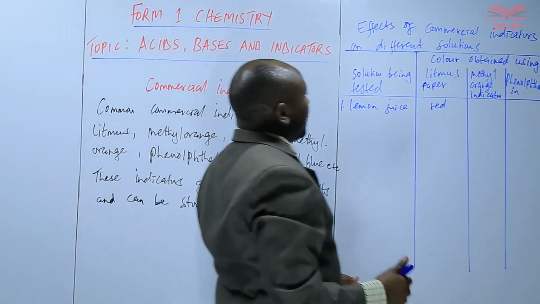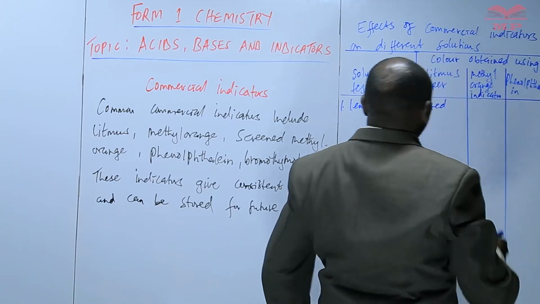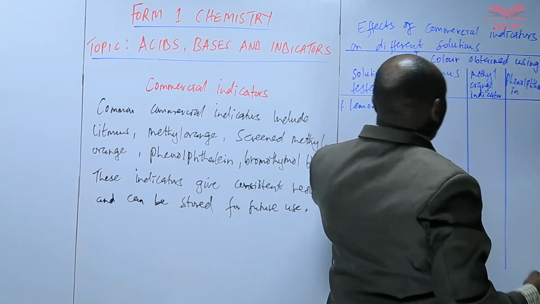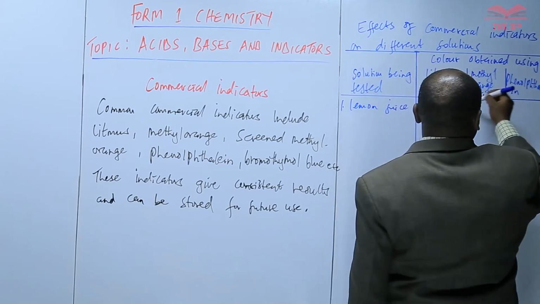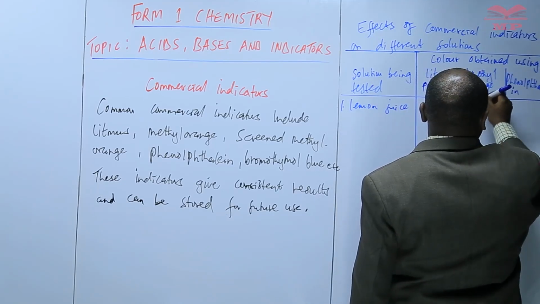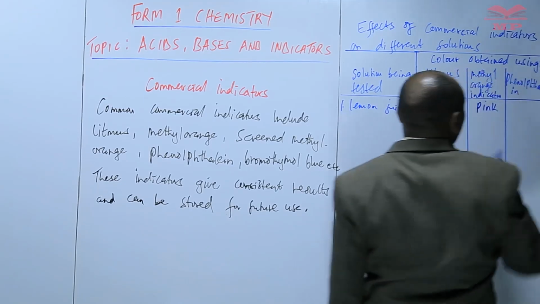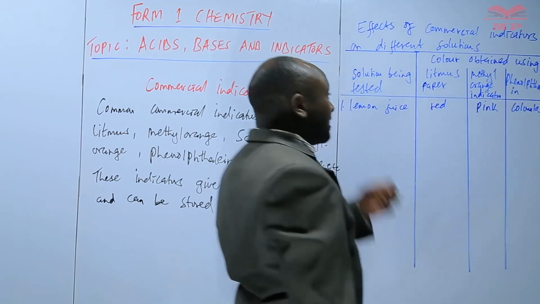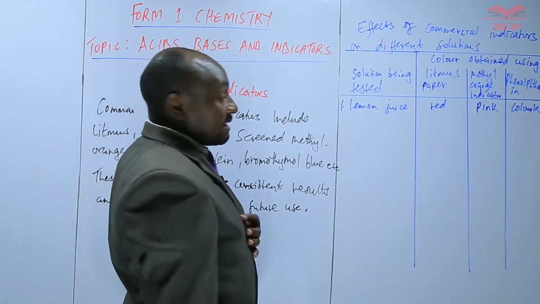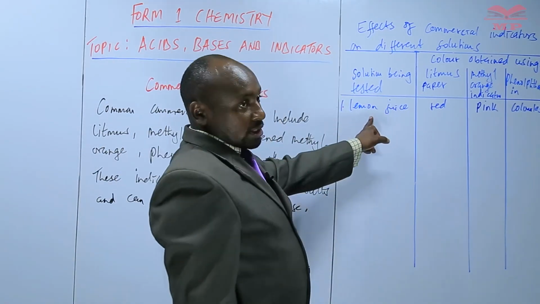So when using a litmus paper, the color obtained is red with lemon juice. When you use methyl orange, the color here is pink. When you use phenolphthalein, it's colorless. So you can see that different indicators give us different colors with the same solution.